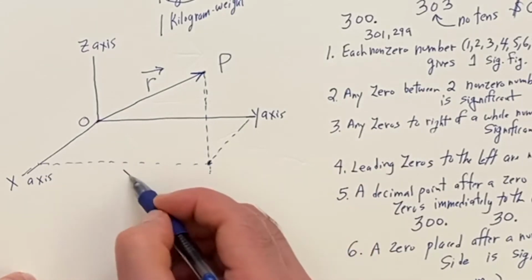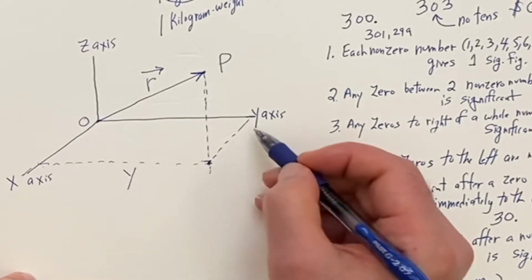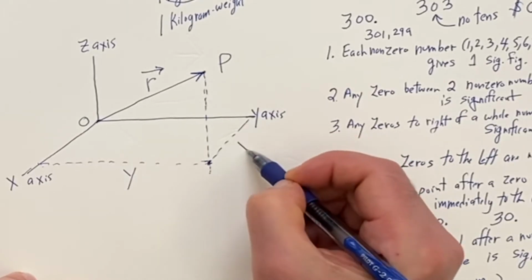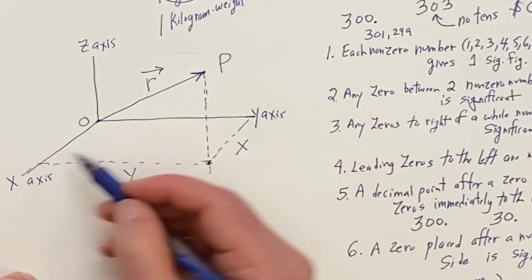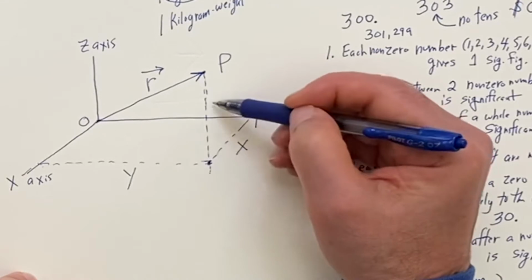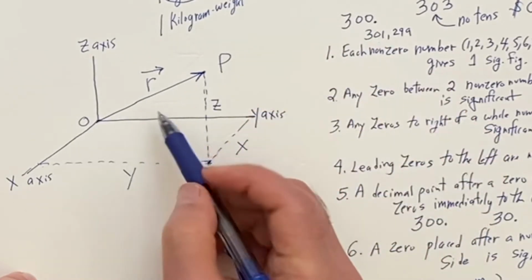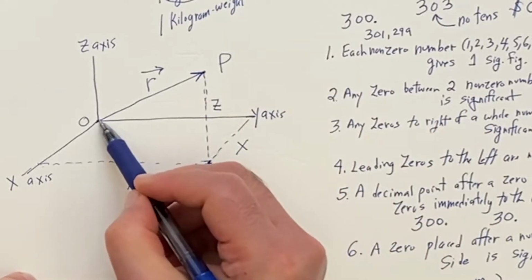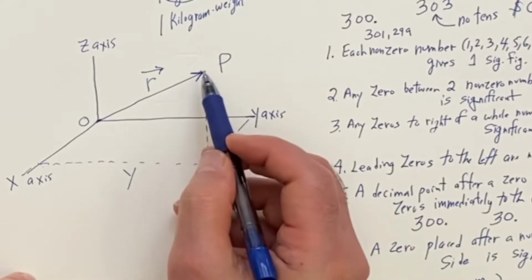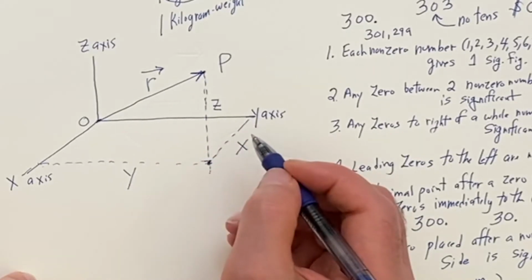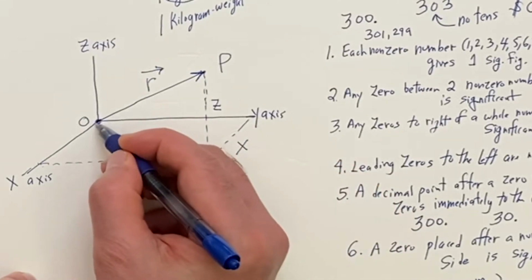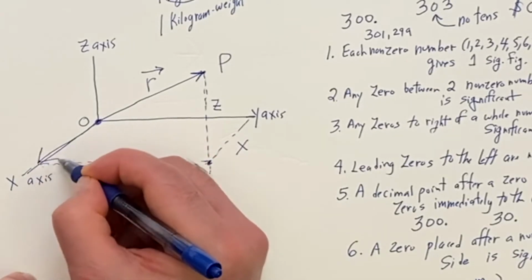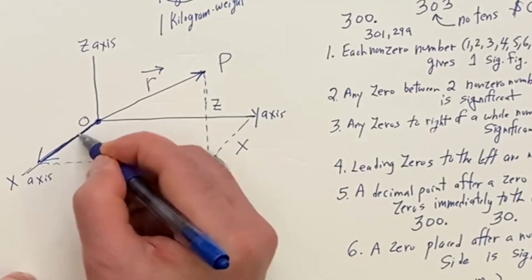This is your y value. This here is an x value because it's parallel to the x-axis, and this is a height, a z value. Now you can think of going from O to P as 3 vectors. What you would do at first is start here and go along the x-axis like this.